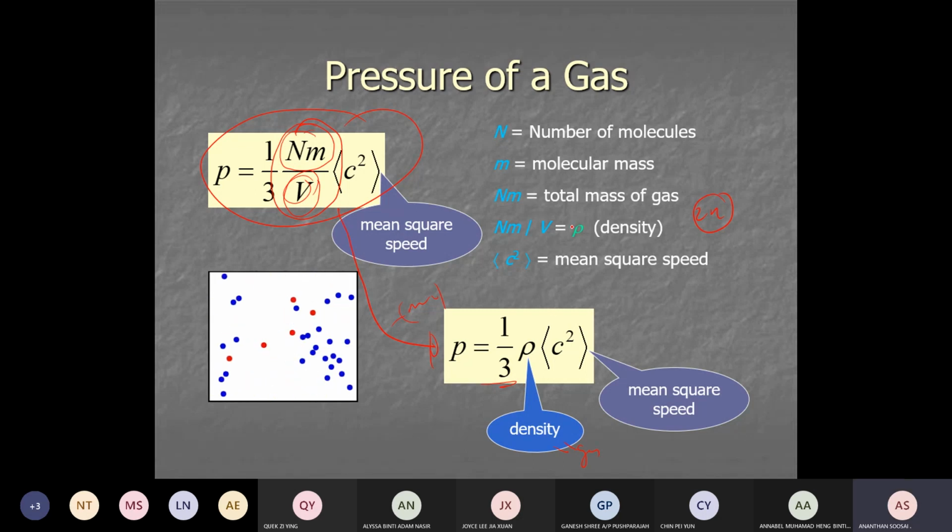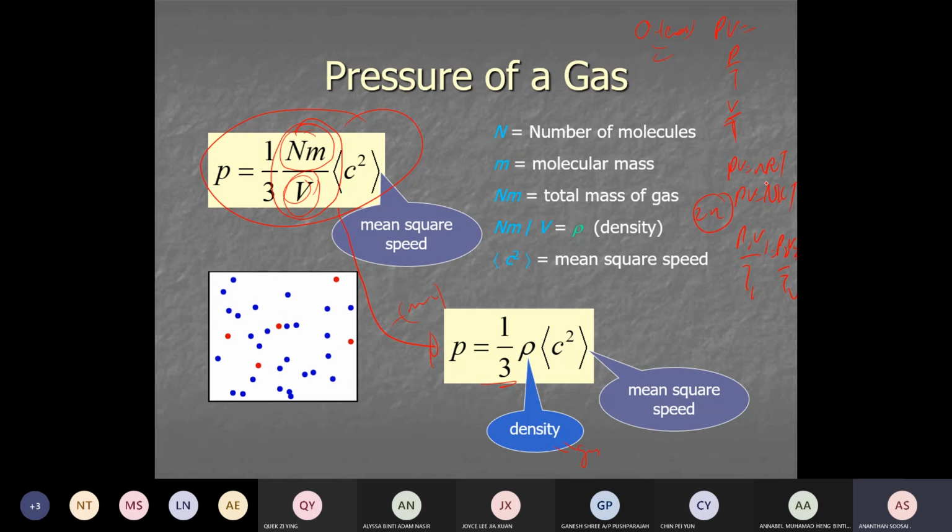Okay, so we have already done the main part of the topic. So on top of the O levels, you learn what? O levels, you learn PV is constant, P over T constant, V over T constant. Now all three combined, you get PV equals nRT, PV equals NkT, and P1V1 over T1 equals P2V2 over T2.